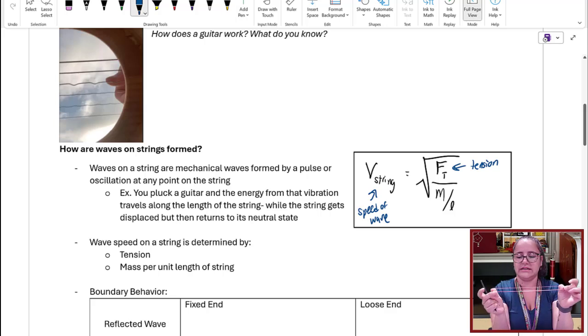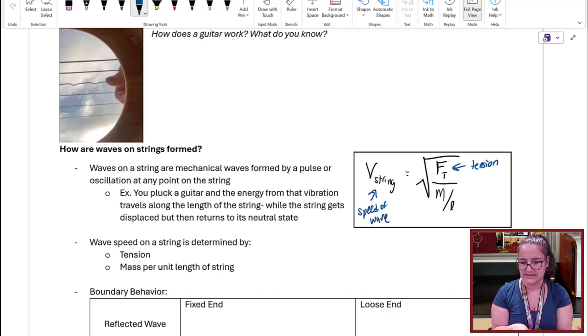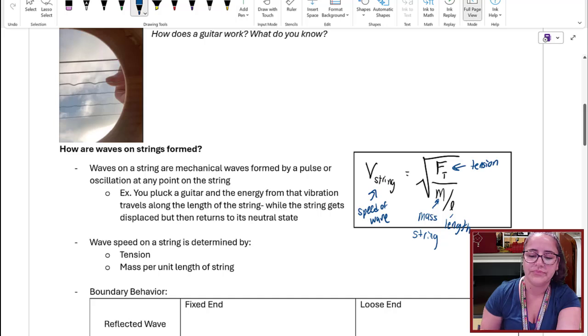I have a rubber band here. If you flick the rubber band, okay, and then change the actual tension in the string, you can feel how that wave acts differently, okay, due to that difference in tension. Higher tension tends to make it go a little bit faster, where m is going to be the mass of the string, and L is going to be the length of the string, okay?